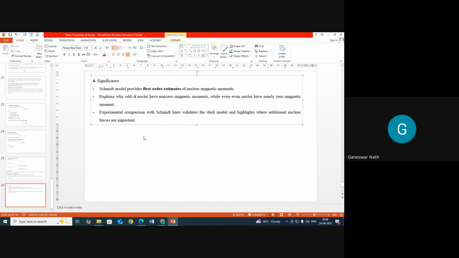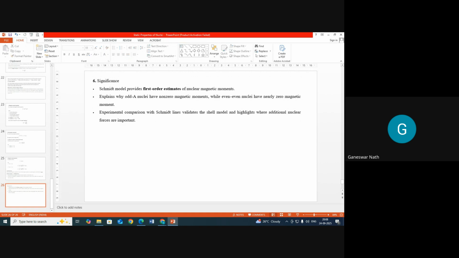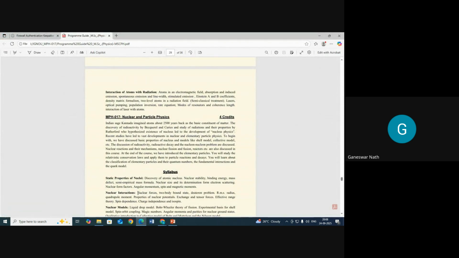That is why the shell model of the nucleus has greater importance compared to the liquid drop model. It is supported by many experimental and computational facts, so you can say the shell model is the most appropriate model for explaining the basic stability of a nucleus. Okay, so we have finished this first part, the static properties of the nucleus.